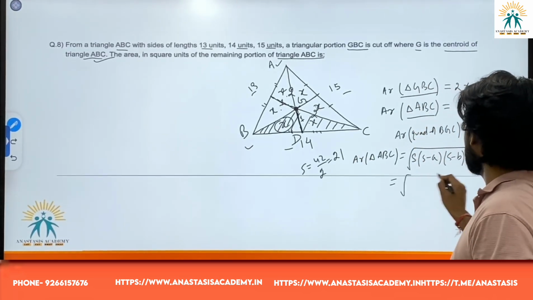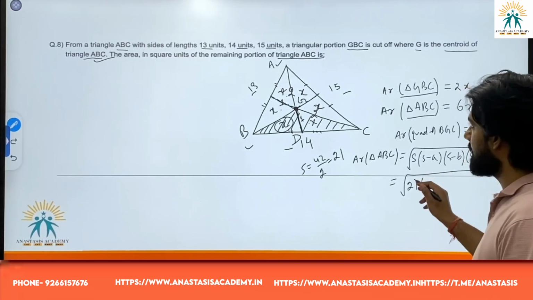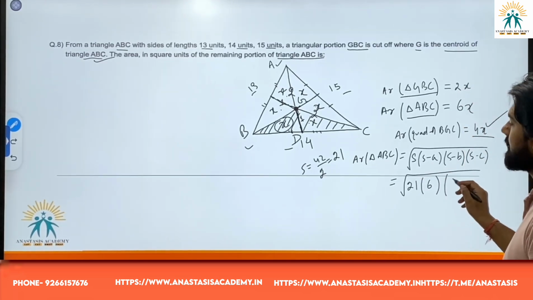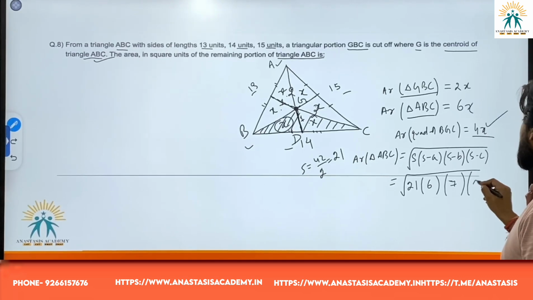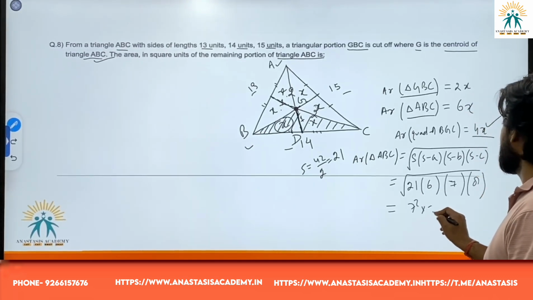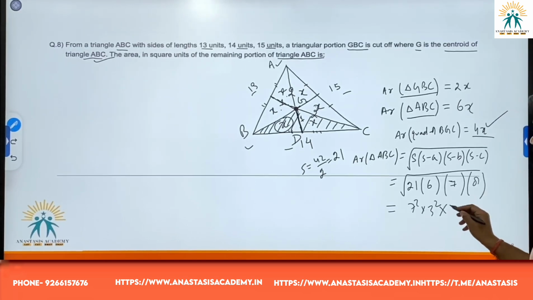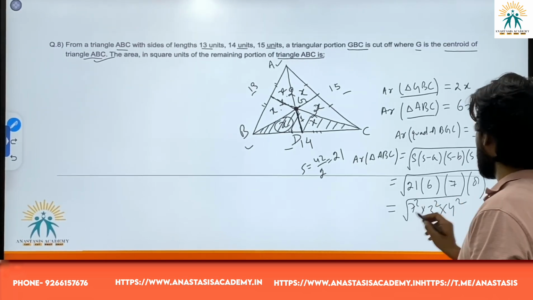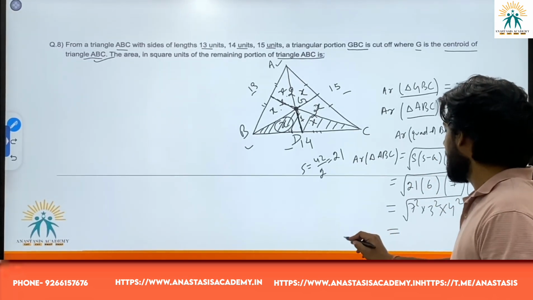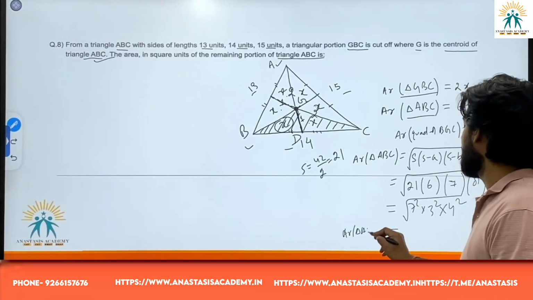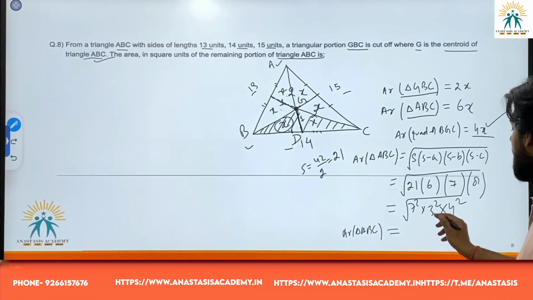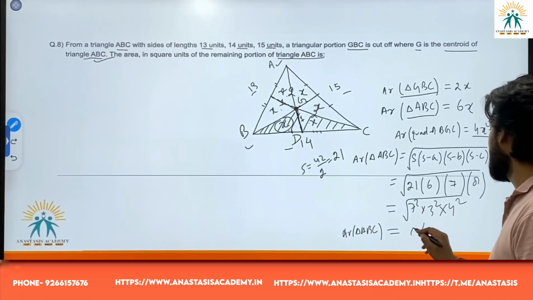So the area would be the square root of 21 times (21 minus 15), 6, (21 minus 14), 7, and (21 minus 13), 8. So it would be the square root of 7 squared, 3 squared and 16, 4 squared. So the area of triangle ABC is 7 into 3 into 4, that is 21 times 4, 84.